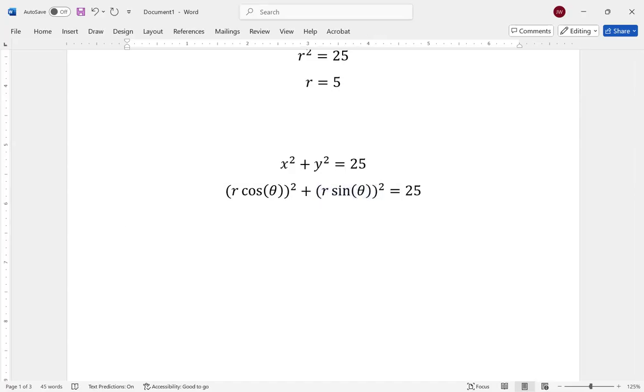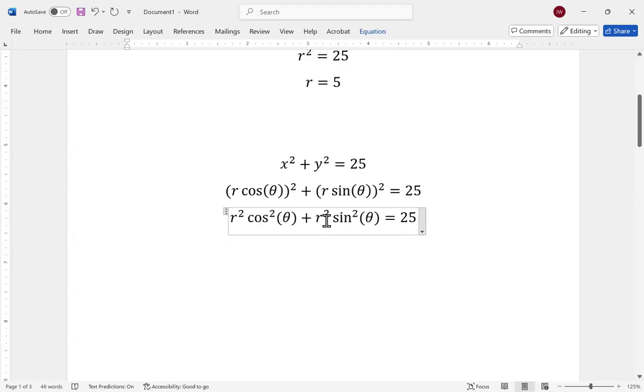When we do the squaring, we'll get r squared times cosine squared of theta, plus r squared times sine squared of theta, equaling 25.